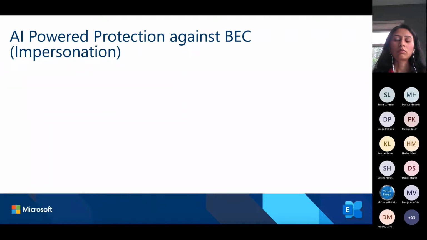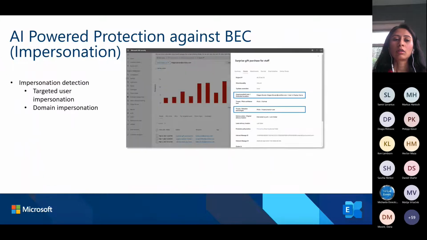Also within MDO, we have powerful impersonation detection for targeted user impersonation and domain impersonation. We have an AI-powered technology called mailbox intelligence. This constantly learns and builds a communication graph for every user and automatically detects an anomaly.